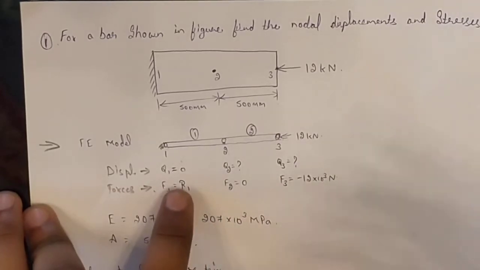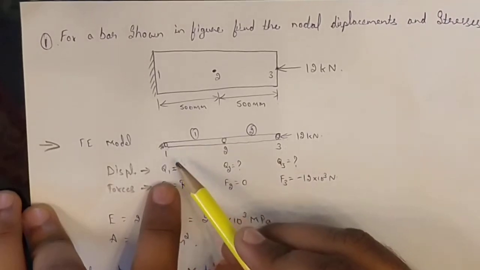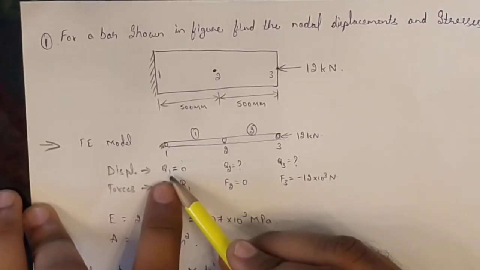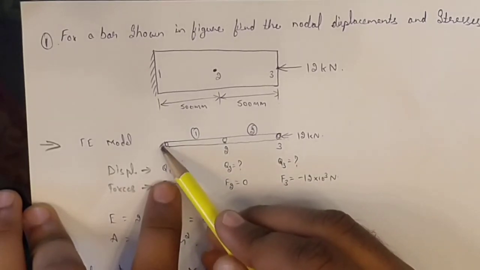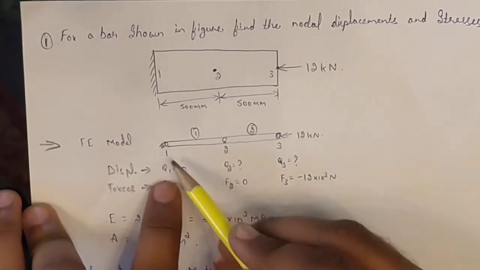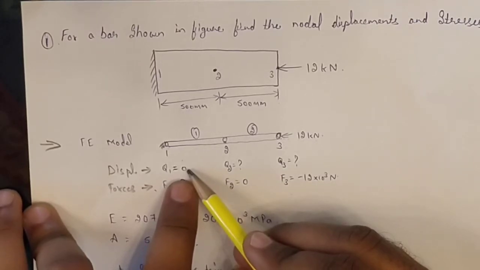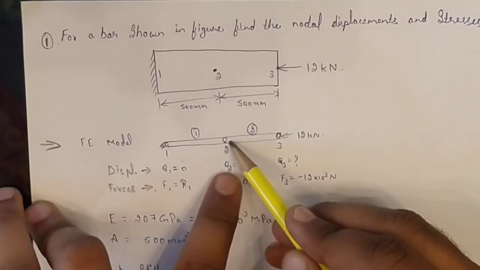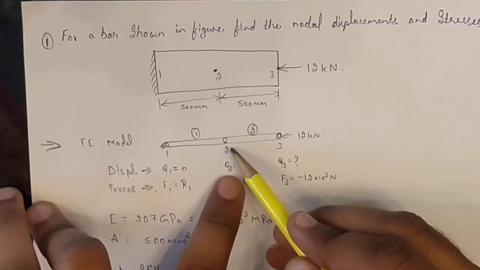Now try to analyze the displacement at each node. For example, at node 1 displacement can be represented by Q1, but what is the displacement at node 1? See, node 1 is completely fixed. Since node 1 is completely fixed, the displacement at node 1 will be 0. Is this clear? And node 2 is not fixed, so there will be some displacement at node 2.